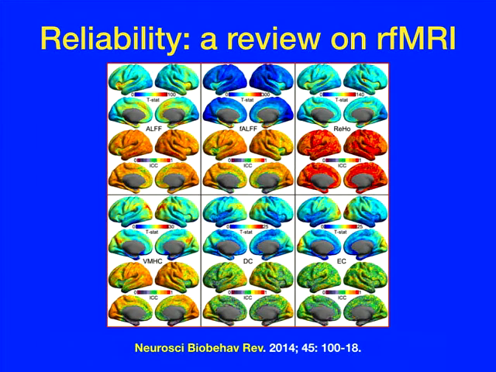Some of those resting state fMRI metrics are really, really reliable, for example this one, very stable. And some are really bad, for example this one. So I think these provide some guidelines for the field to use these metrics or techniques, especially for population neuroscience, where we want to detect real changes.